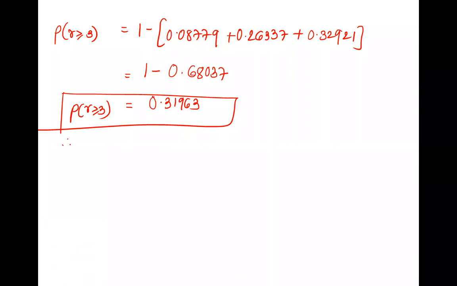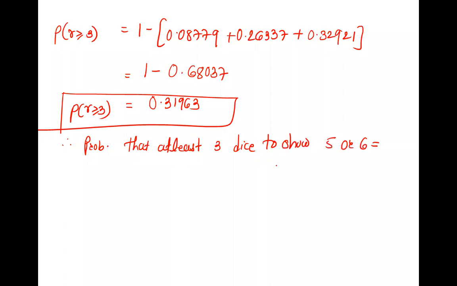So therefore the probability that at least 3 dice show 5 or 6 is equal to 0.31963.